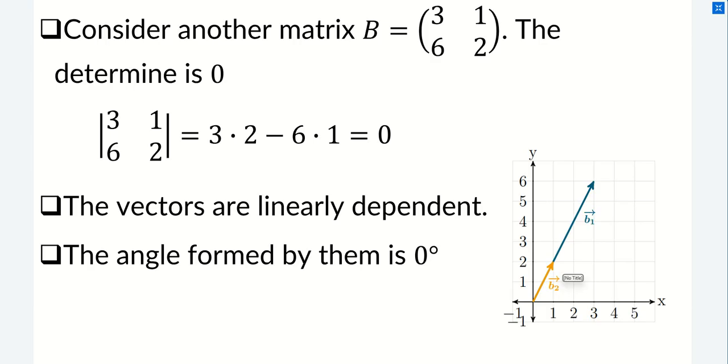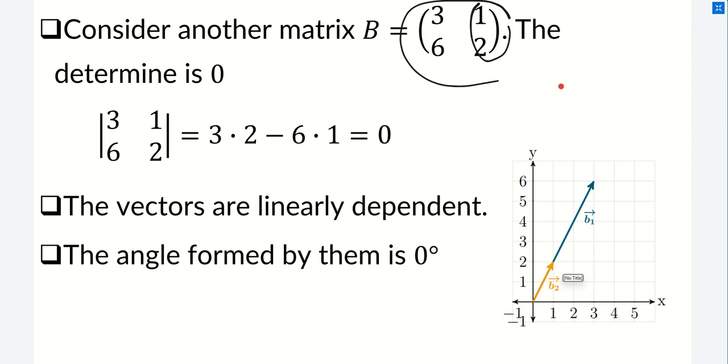Okay, now let's look at this matrix. If you look at this matrix, you will tell me the same thing: if you multiply the second column by some scalar, you are going to get the first column, right? This shows you that these two columns are linearly dependent.